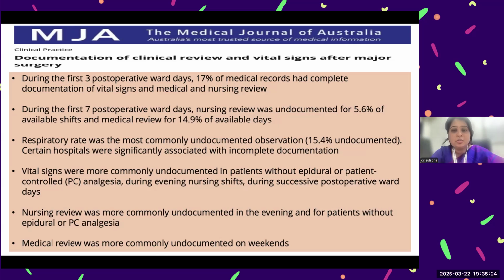Over the first 7 post-operative days, a good extent of patients had undocumented vitals, 5% and 14%, and did not have reviews. Respiratory rate was the most commonly undocumented observation. Vital signs were more commonly undocumented in patients who did not have epidural catheters, during night shift, and during successive postoperative ward days. Nursing review was more commonly undocumented in the evening, and medical review during the weekends.